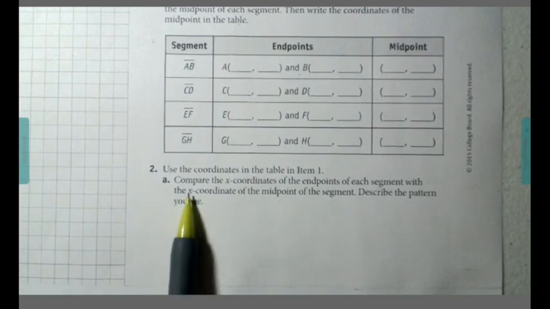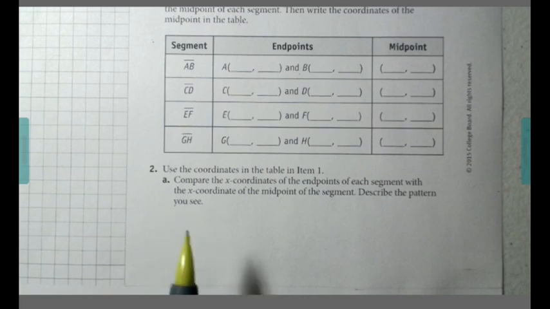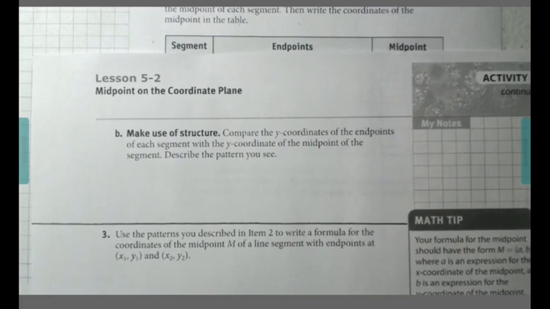Here in 2a, it's going to ask you to compare your x coordinates of the endpoints of each segment with the x coordinate of your midpoint and describe any pattern you see. And in 2b, it asks the same thing, but this time it's asking about your y coordinates, not your x coordinates.